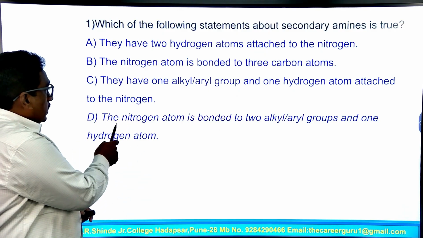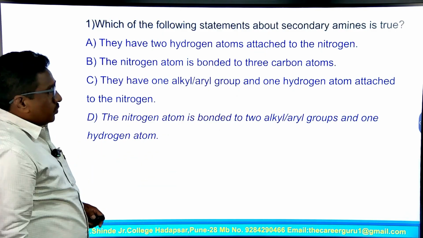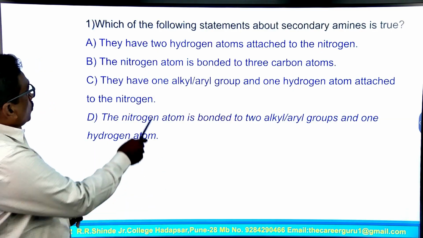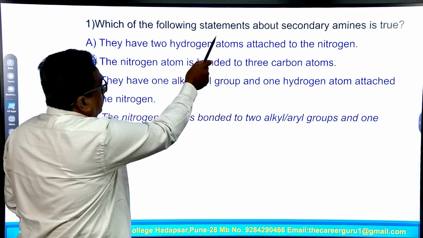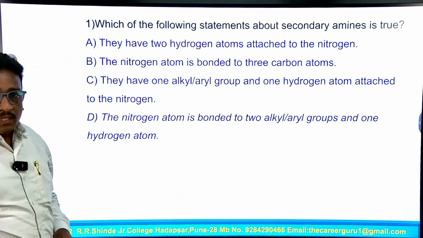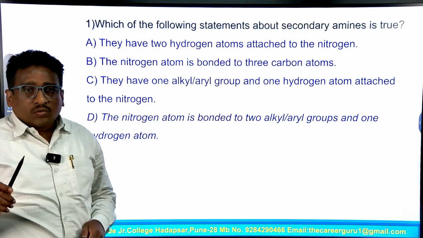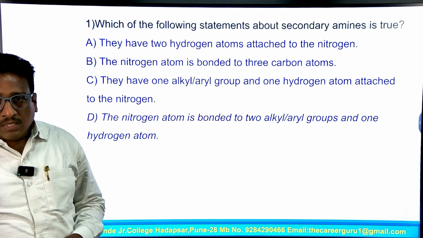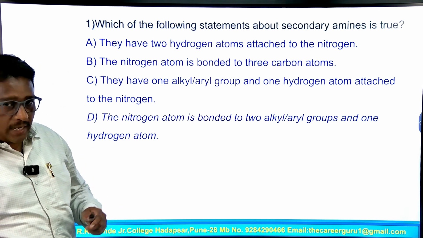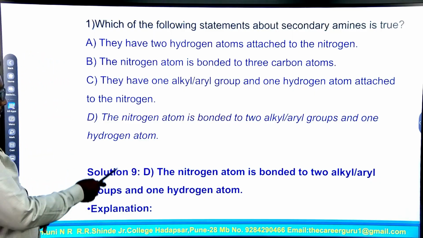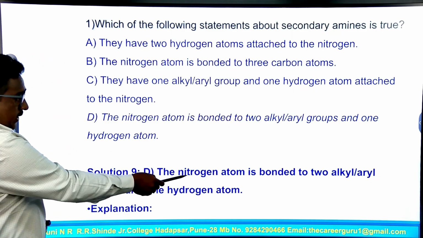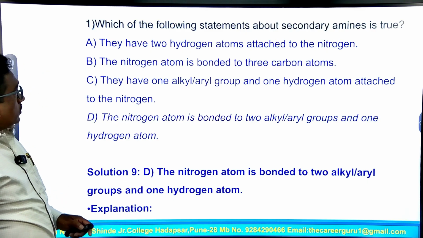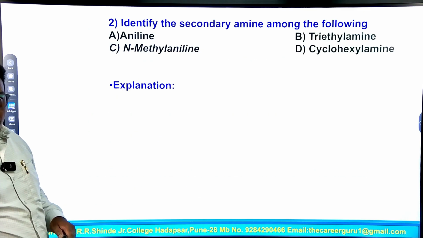And option D, the nitrogen atom is bonded to 2 alkyl or aryl groups and 1 hydrogen atom. In a secondary amine, 2 alkyl or aryl groups, similar or different, and 1 hydrogen atom are on the nitrogen atom. So, the correct option is D, the nitrogen atom is bonded to 2 alkyl or aryl groups and 1 hydrogen atom.